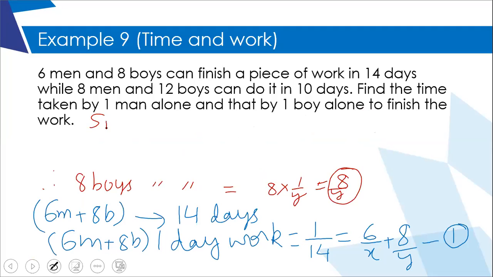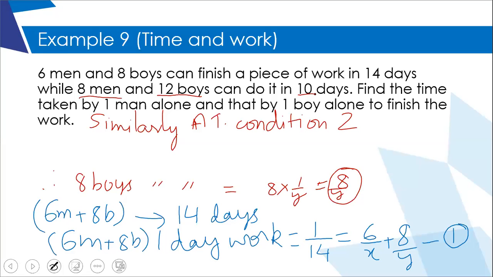Similarly, according to condition 2, I'm writing the short form, children. According to condition 2, what was my condition 2? That if I employ 8 men and 12 boys, then they are finishing the work in 10 days.